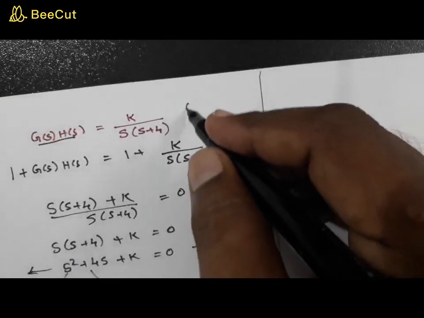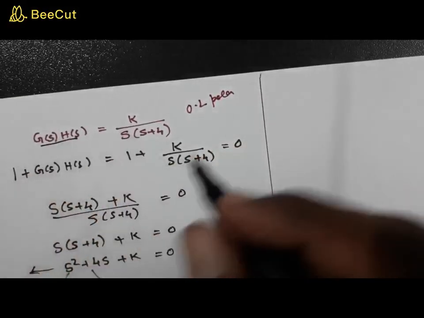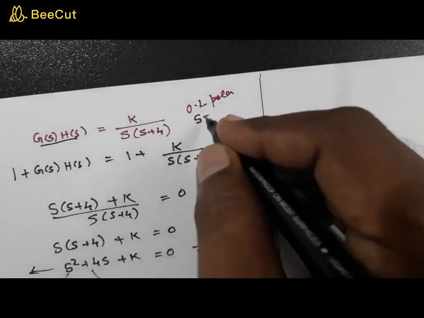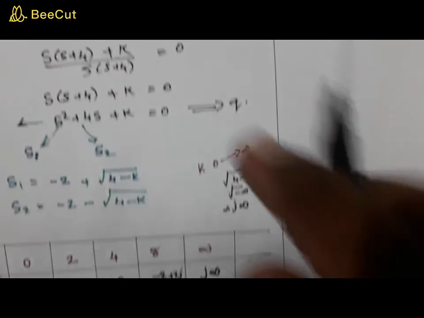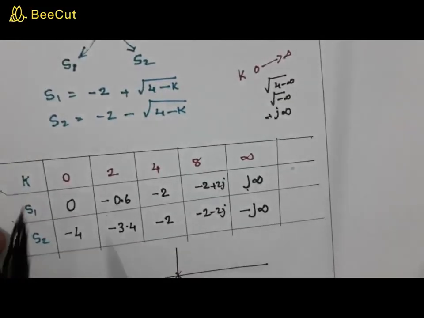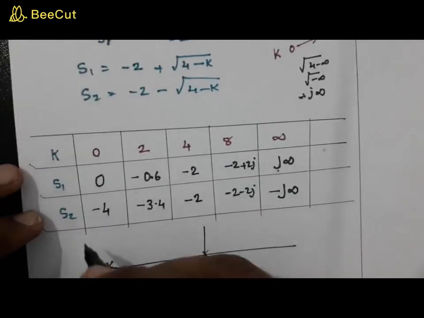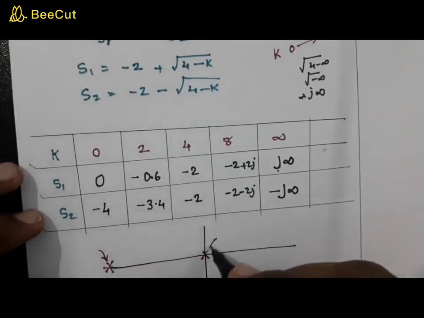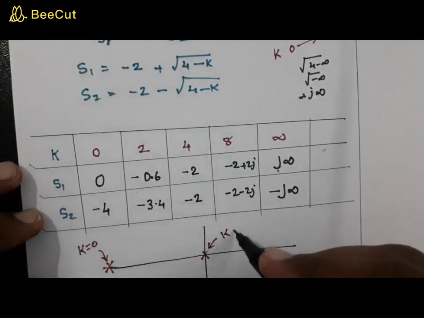Now look at the beauty of this. What are the open loop poles? When you consider this open loop transfer function, the poles are s is equal to 0 and s is equal to minus 4. When k is equal to 0, this is the point corresponding to both the roots.